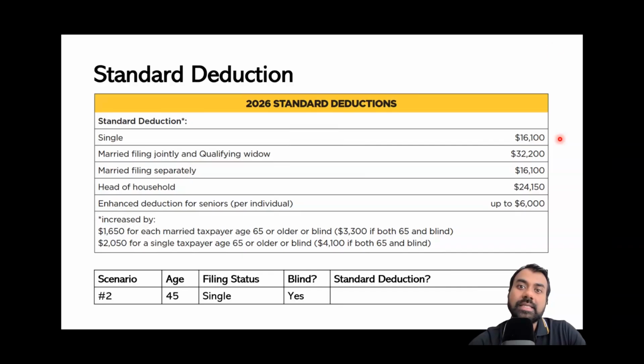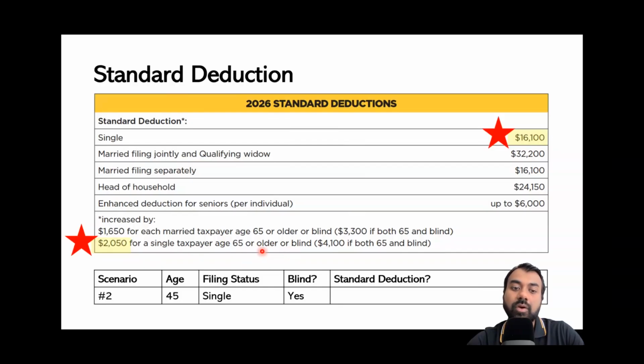Let's look at our second scenario. Now we are thinking about somebody who is age 45. That person is single, and the question says that that person is blind. So we look at two different places in the table. First, we have the regular standard deduction for single filers, which is 16,100. But when we look at the bottom of the table, it says that there is this additional $2,050 standard deduction for a single taxpayer age 65 or older or blind.